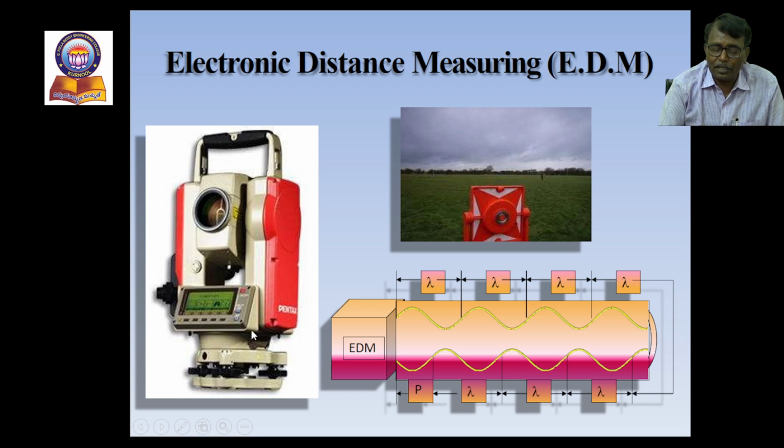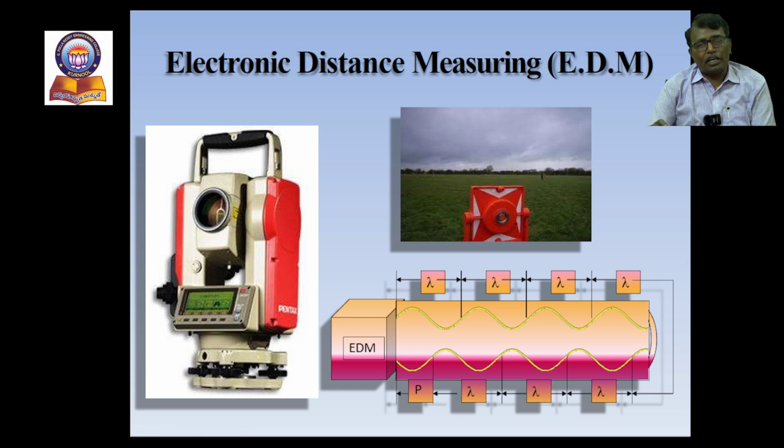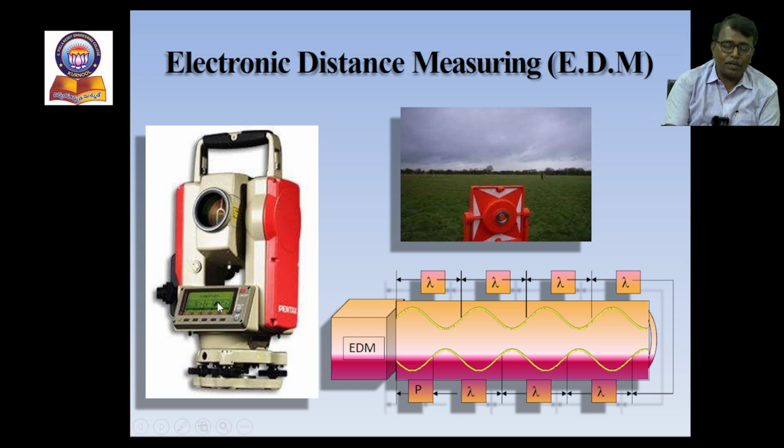The EDM consists of a microprocessor which processes this wave propagation and calculates the distance between the EDM and the prism, which is an object. So the distance is directly displayed on the screen. This is an advanced instrument which can be used for more accurate measurements.